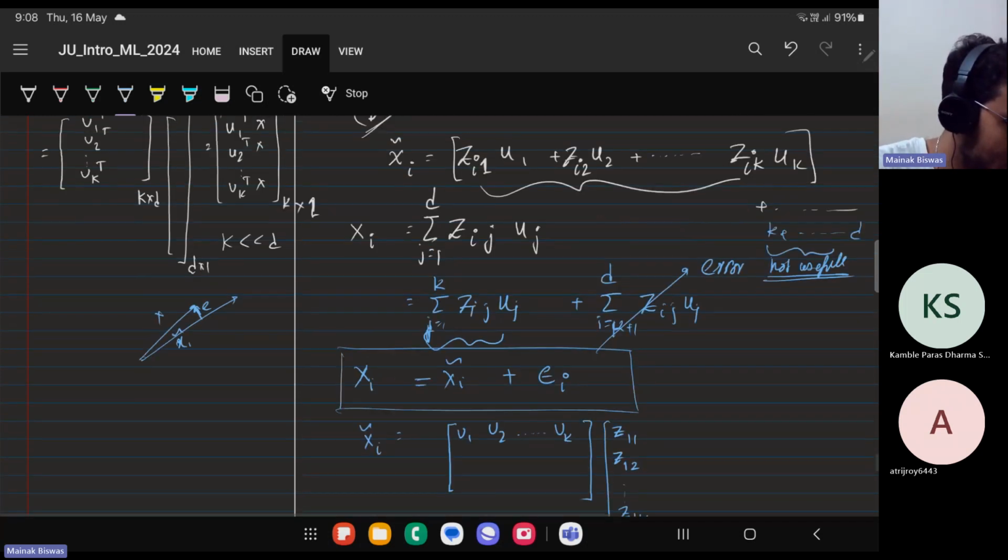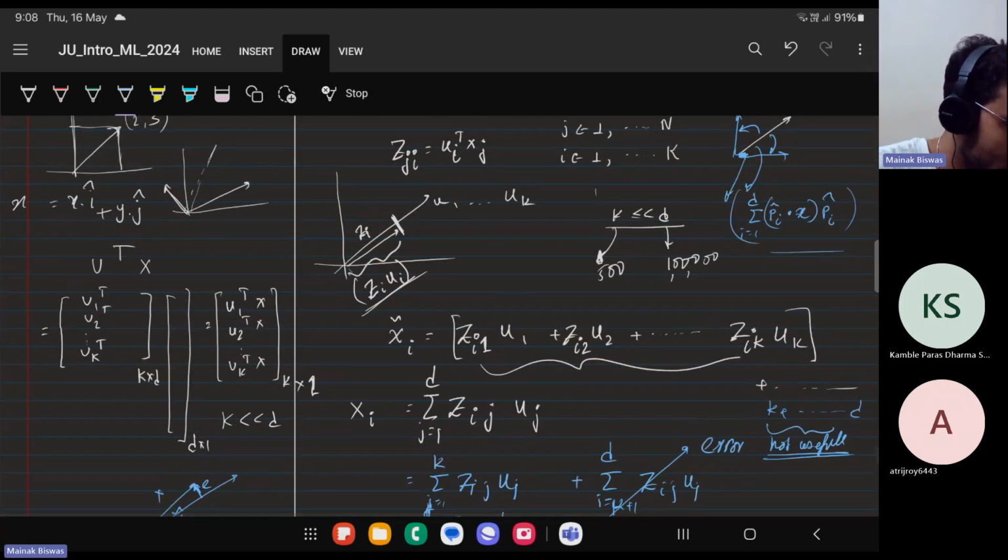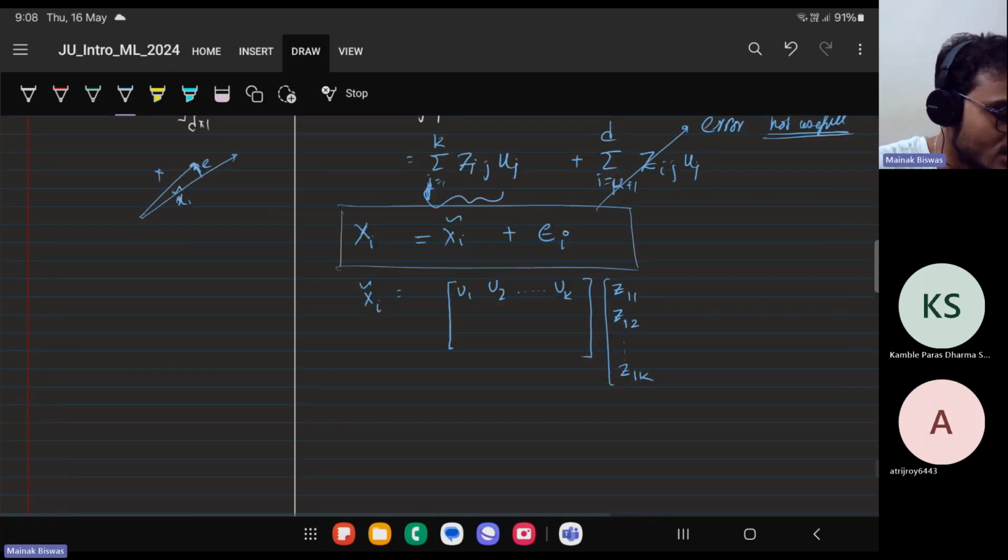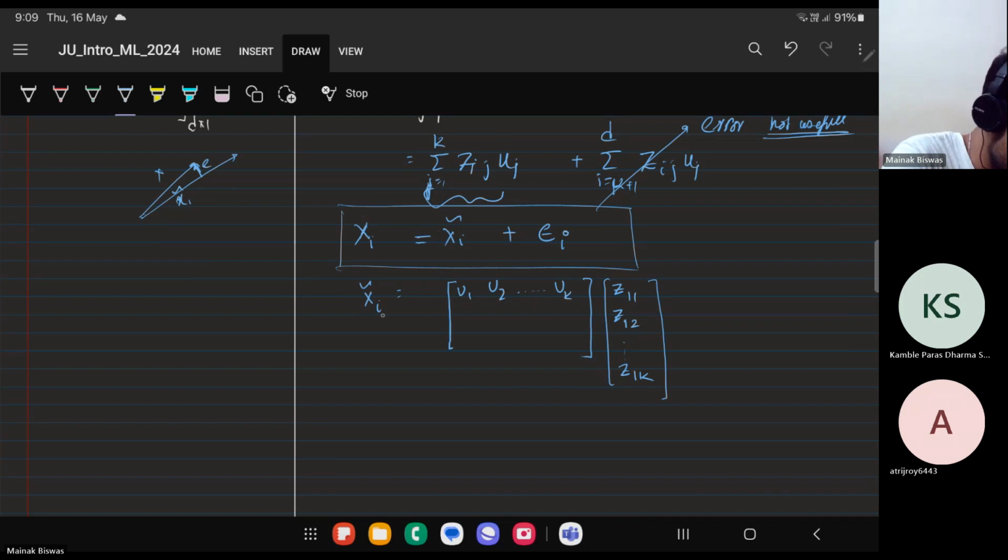I was writing the first coordinate in the beginning. I'll keep the notation, but it's easier to write the other way around. I'll just show you why. This is going to give you the x1. This is D-dimensional. Ui is D-dimensional. This is D cross K. This is K cross 1. So Ui, x11, x12, dot dot dot x1D.